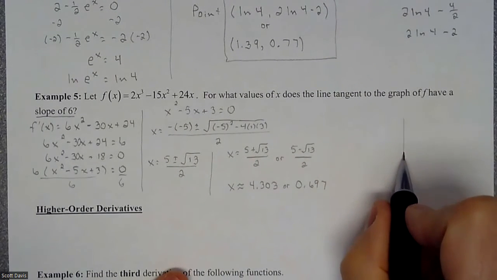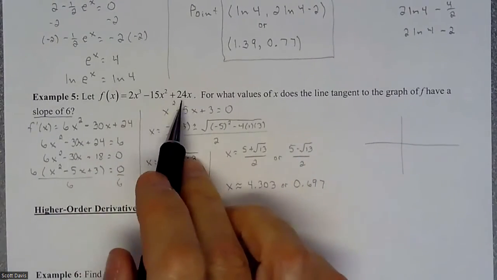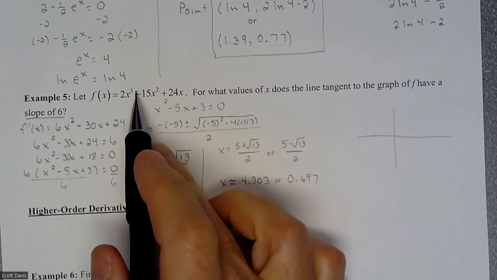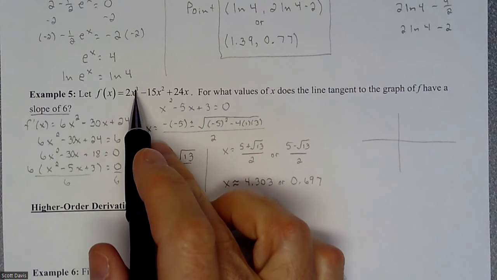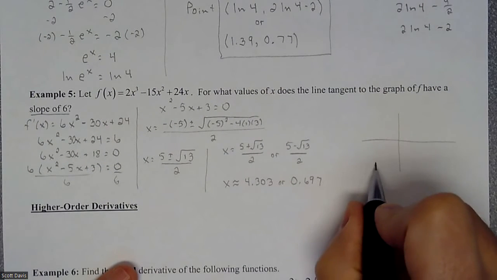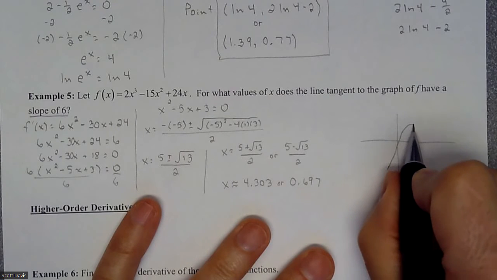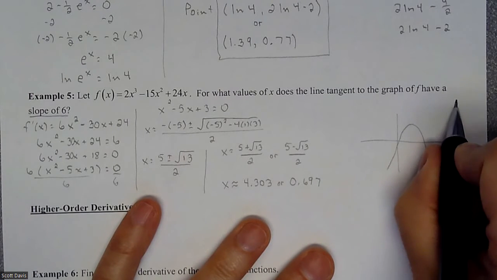Let's get a rough idea of what we've got going on here. So here was our original equation. Our graph is an x to the third, and it has a positive, so end behaviors are going to go up in one direction and down in the other. So let's say the graph looked something like that.